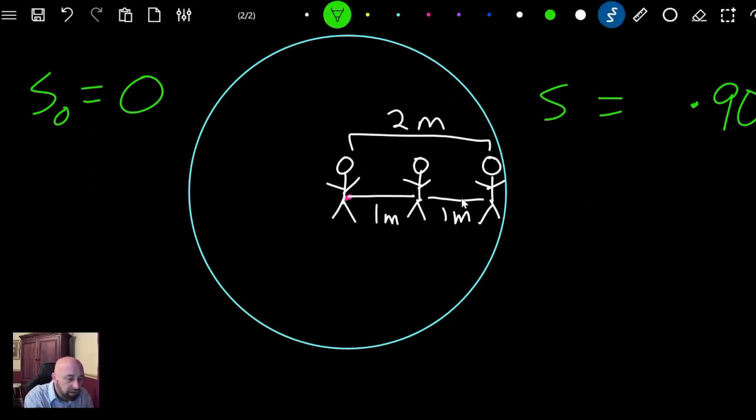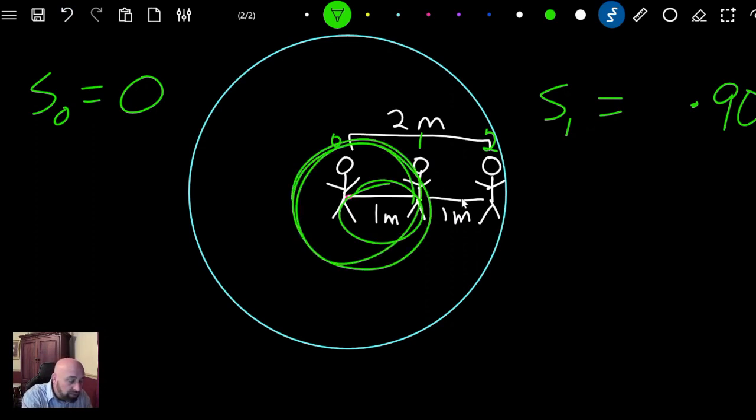Okay, so let's go to the next one. S1. We'll call this person 1 right here. Okay, so we'll call this 1 meter. This will be the 1 meter person. Okay, so this is person 0 meter, and this is person 2 meter over here. So the 1 meter person. Now, what is our radius now? What is our R? Well, on this one, our R is 1 because our circle radius right here is 1 meter.